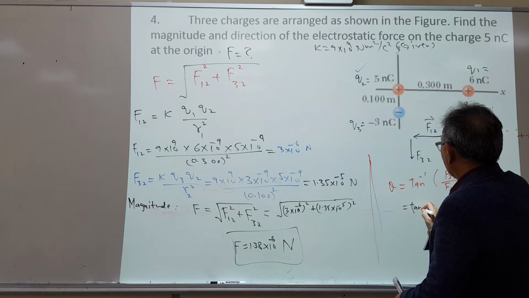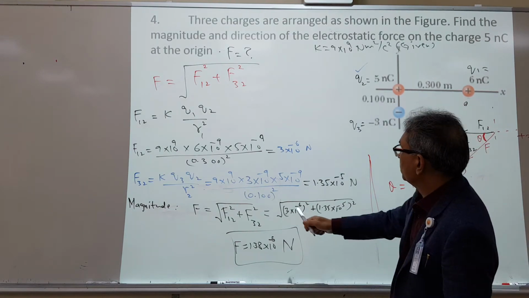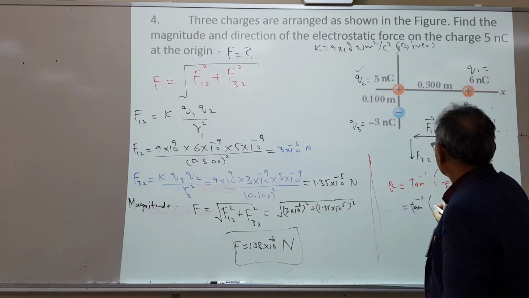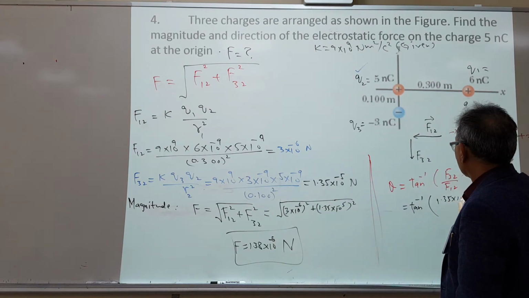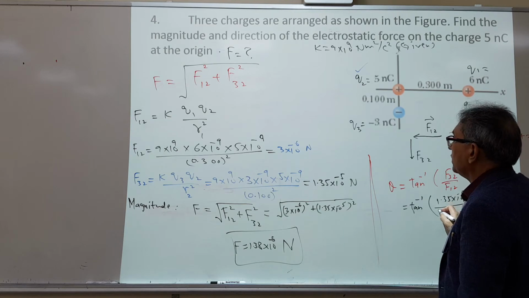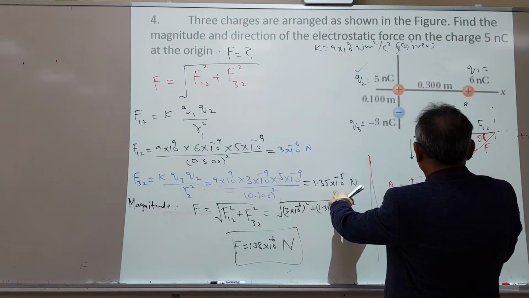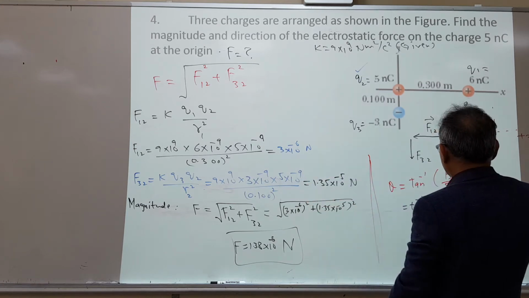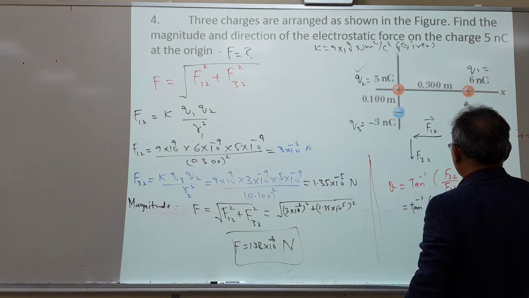tan inverse F32 divided by F12, this one 1.35, and 1, 2, 3 times 10 to the minus 6.